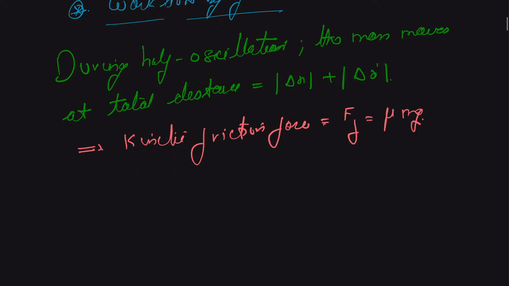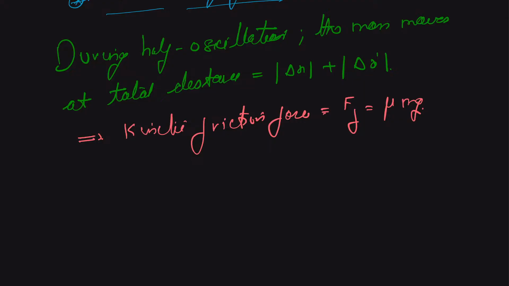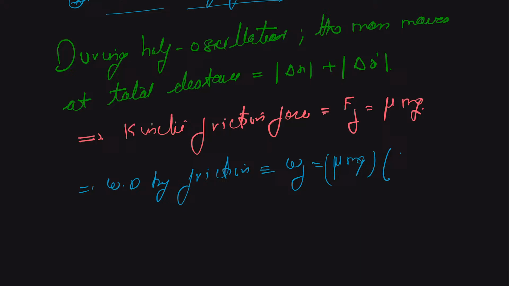Therefore work done by the friction, that is called W_f, will be equal to force times our total distance traveled. Force is our mu mg and total distance we have taken as delta x plus delta x prime.